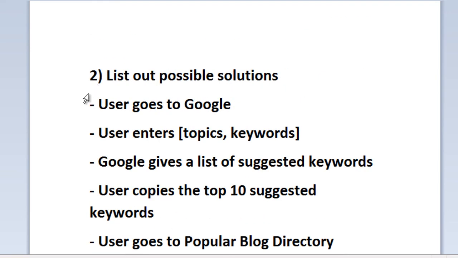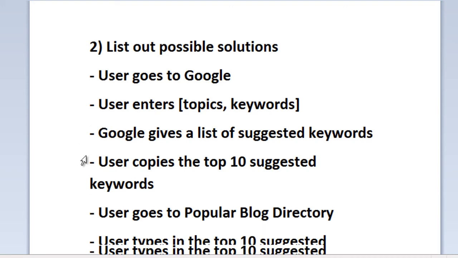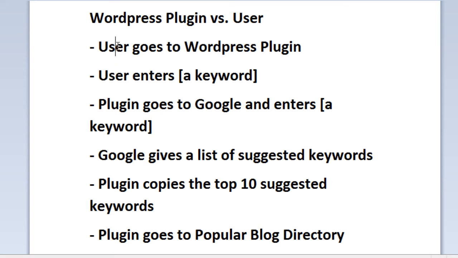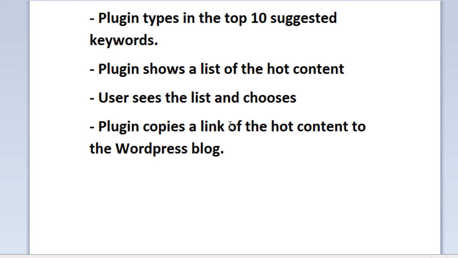So first things first, you go through here, you list it out, then you reorganize it. And then if you notice, what I'm trying to do is I'm just showing what the user sees. So the user goes to the WordPress plugin, they enter a keyword, but then when it comes time to go outside, the plugin goes and does the rest, and then it pretty much finds the content for us.